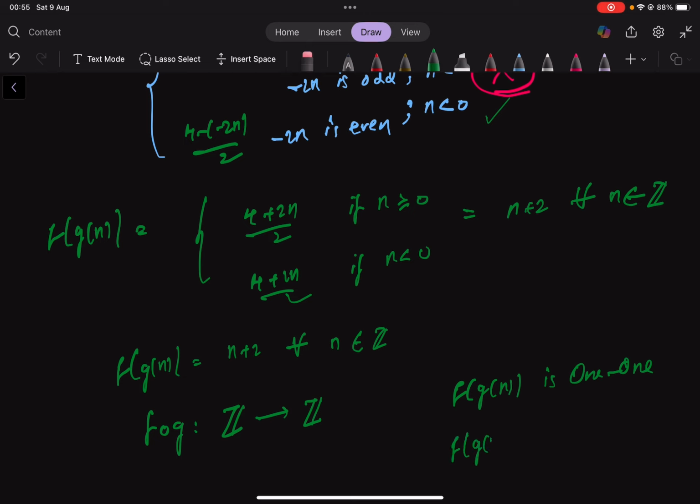And f of g of n is also an onto function because whatever integer you need, suppose you need minus 5, you take n equals minus 7, or if you want 7, you can take n equals 5. Whatever integer it is, n plus 2 spans the entire integers. So that is the reason f of g of n is also onto.